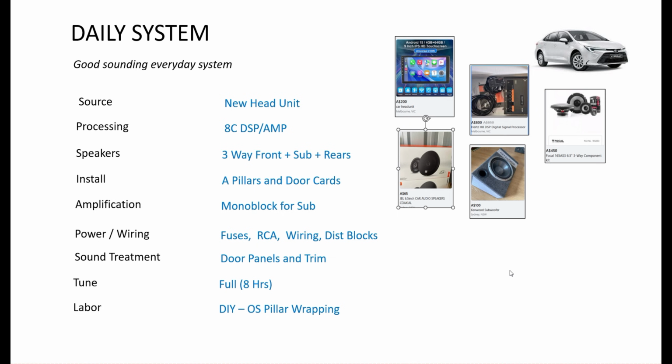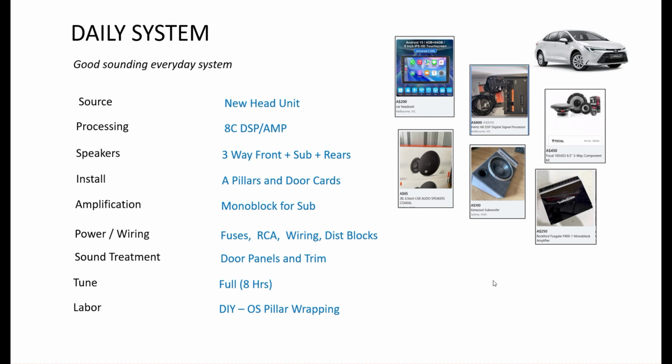Some JBL coaxes, which I can use for the rears, and a Kenwood subwoofer, perfect in a ported box. Once again, easy to remove and take out of my hatch, perfect size, and I can get that for $100. So happy days.